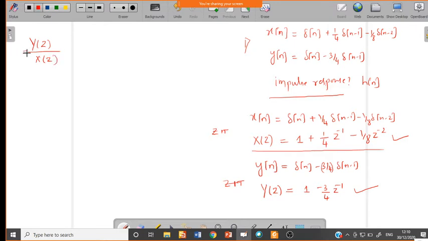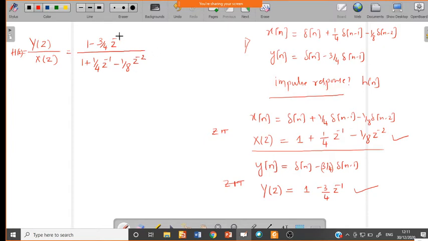So this will be given by H of z. So what is the Y of z? It is nothing but 1 minus 3 by 4 into z inverse, divided by, so what is X of z? 1 plus 1 by 4 into z inverse minus 1 by 8 into z power minus 2.